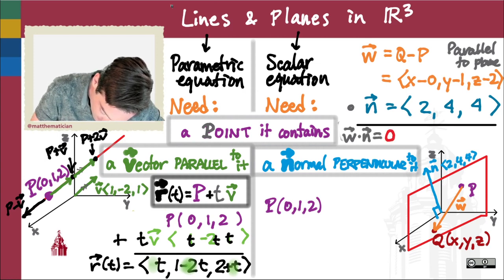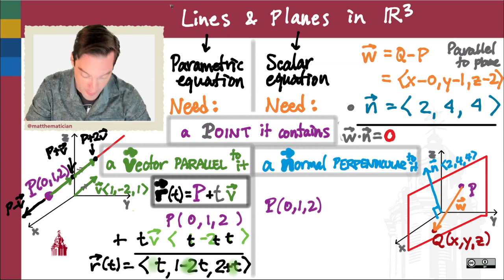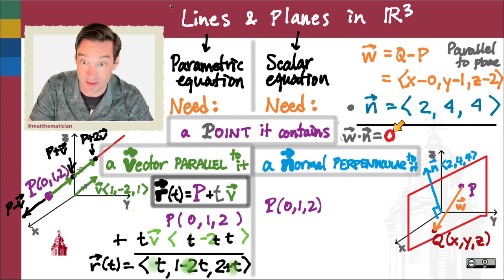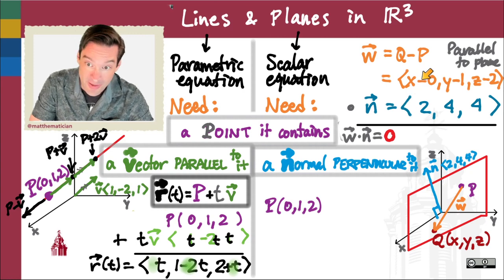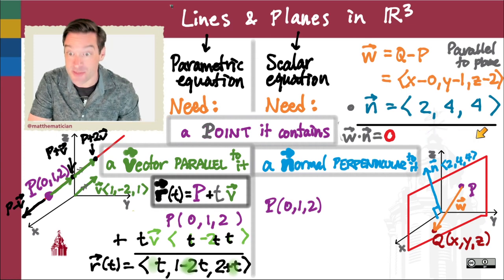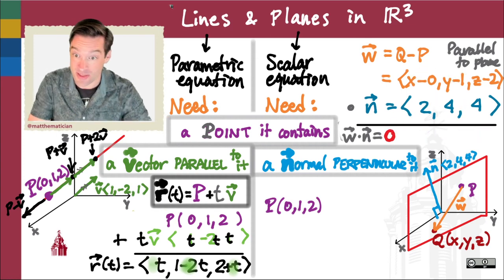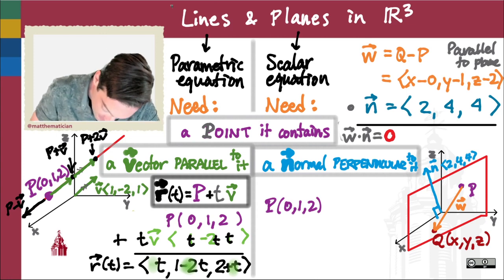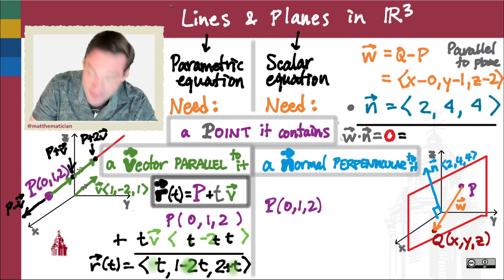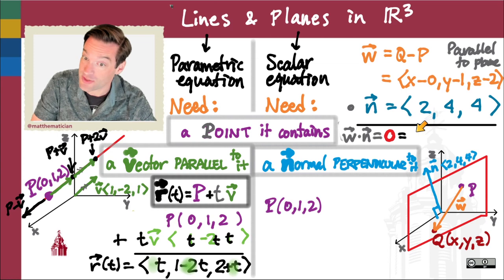So that's where the geometry comes in. That's how we encode perpendicularity into the algebra that we're about to write out. But I haven't actually performed that dot product. When I perform it, I'm going to get an expression which I need to equal 0 if and only if (x, y, z) is on my plane. And so doing this dot product is going to give us the other side of this equation, which describes my plane.